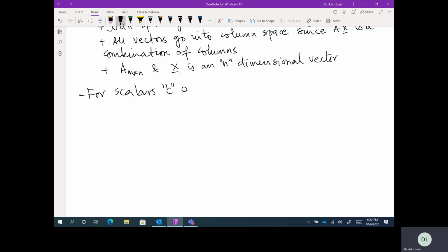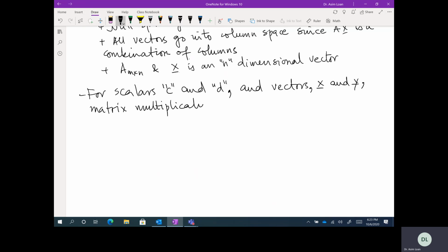For scalars c and d and vectors x and y, matrix multiplication satisfies A into (cx plus dy), which is equal to c times A times x plus d times A times y.